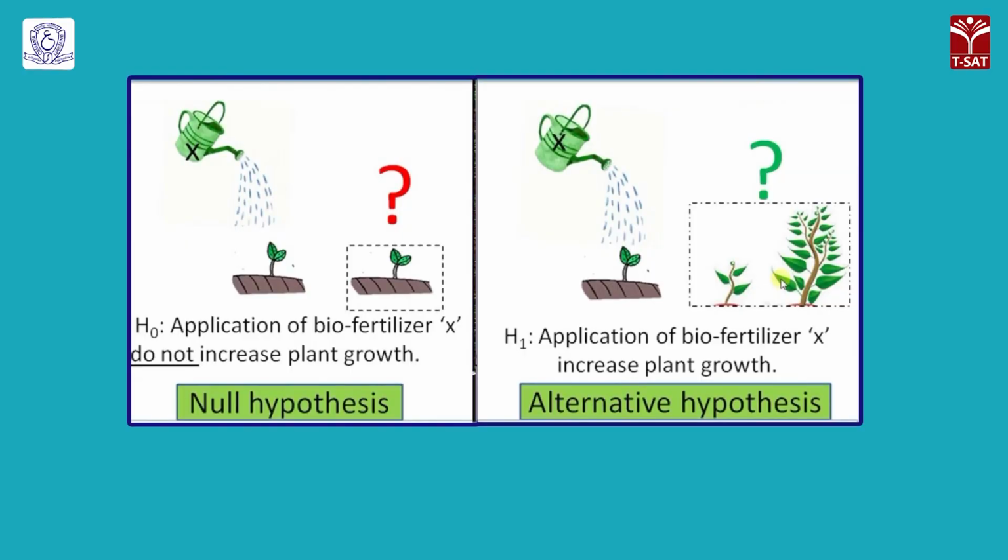Firstly, a null hypothesis, which usually indicates no change or no effect. Secondly, an alternative hypothesis, which is usually our experimental hypothesis. The evidence from the sample is taken to support either the null or alternative hypothesis.